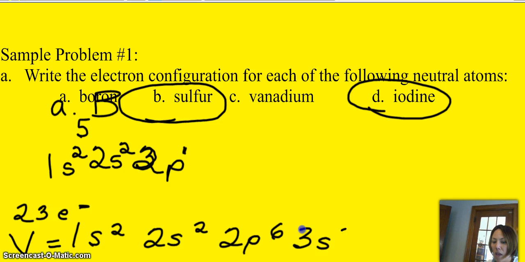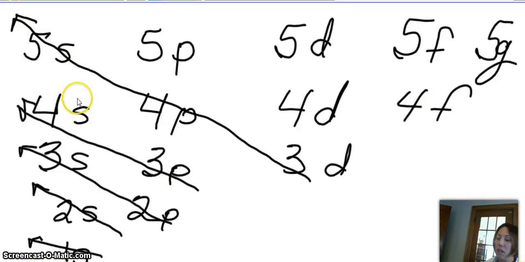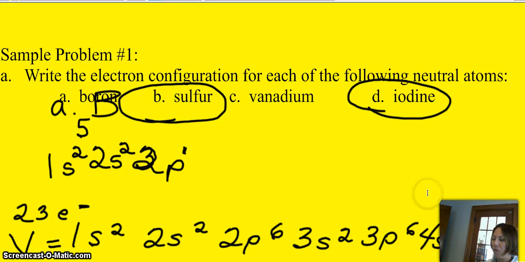Then you go 3s2, 3p6, 4s2, that's your 20. Now I need 3 more. After 4s2 we go to 3d10. Now d can hold 10, but I only have 3 electrons left, so it's 3d3.